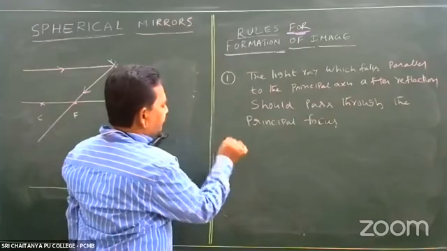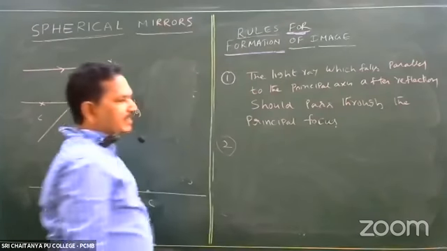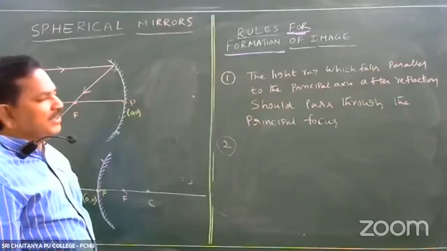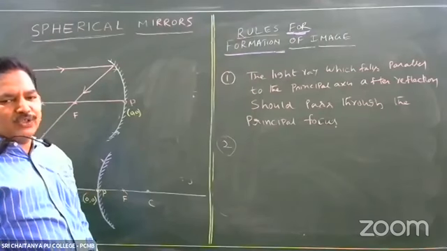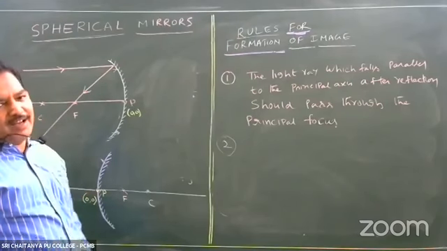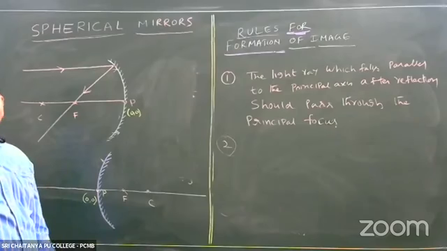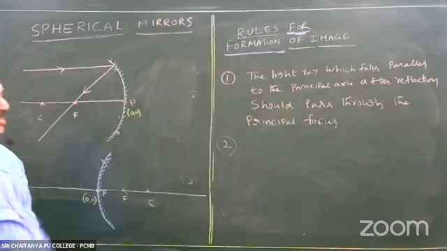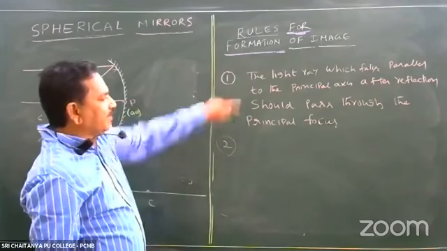Second one, easy, reverse of this one. What is reverse? Now the light ray passes through the principal focus, falls on the mirror, after reflection passes parallel to the principal axis, completely opposite to this one.